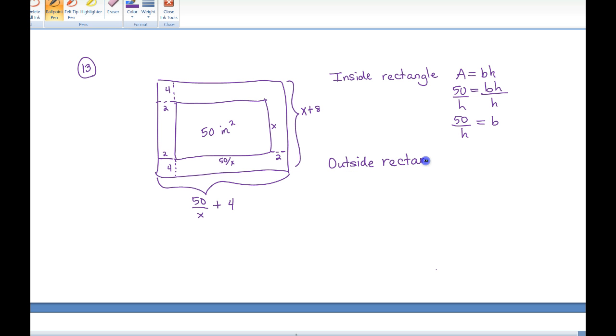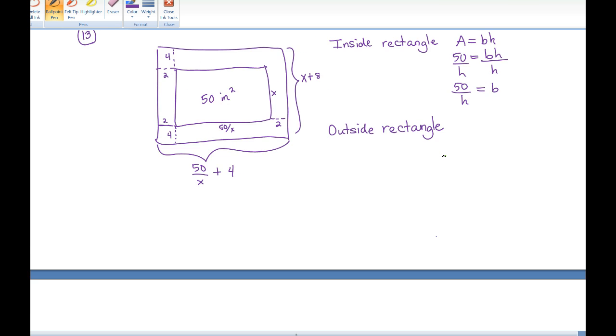And that's what we want to focus on. So we want to minimize the amount of paper. So our area of the outside rectangle is going to be 50 over X plus 4 times X plus 8. So we're going to FOIL that out.